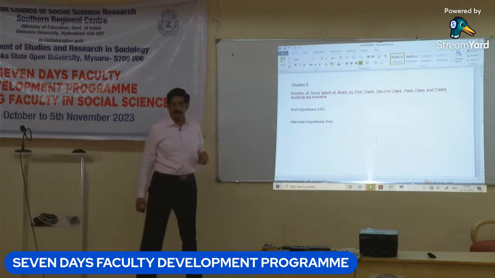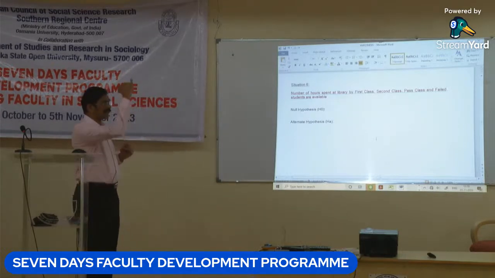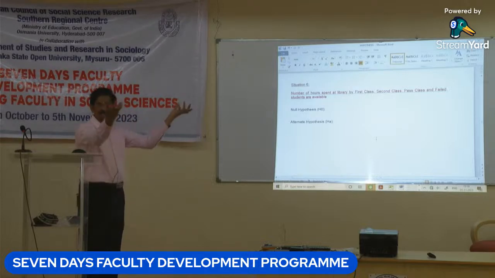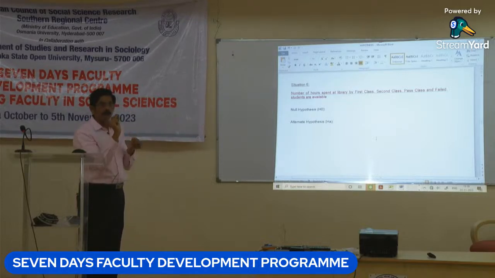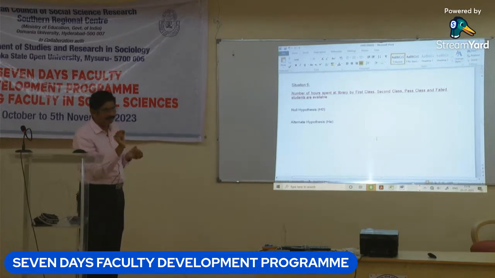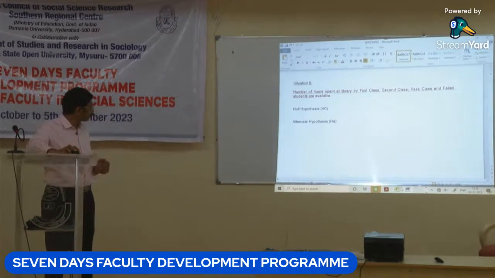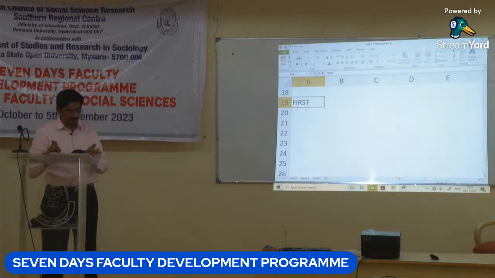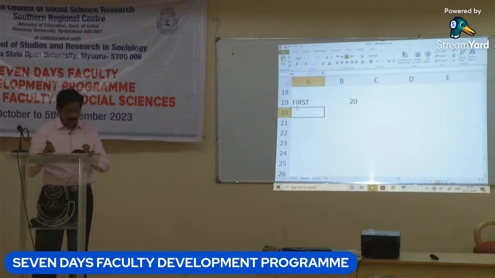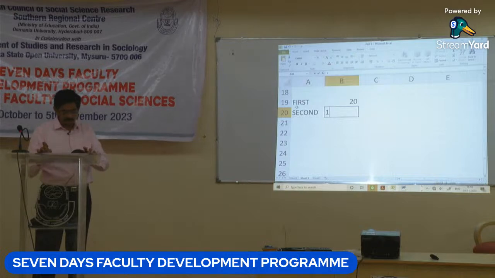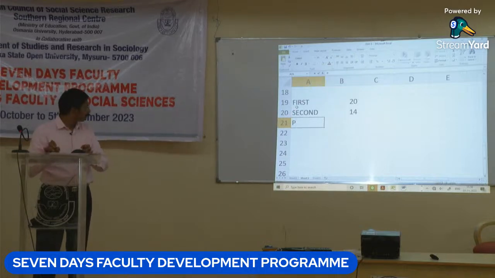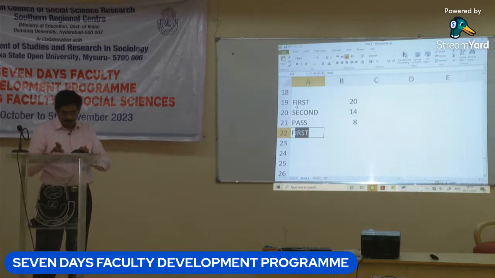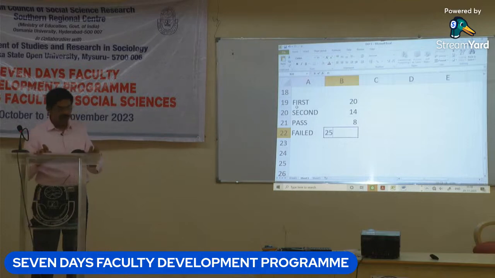Number of hours spent at the library by first class students, second class, pass class, failed students are available. So we have taken all first class students, found from them how many hours they spend in the library, taken an average, same for the second class, etc. So let's say first class students on average spend, let's say 20 hours in a week, second class students, let's say 14 hours in a week, pass class students, let's say 8 hours, failed students, let's say 25 hours.